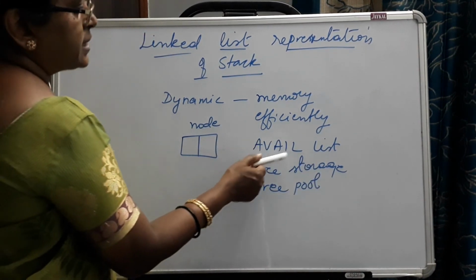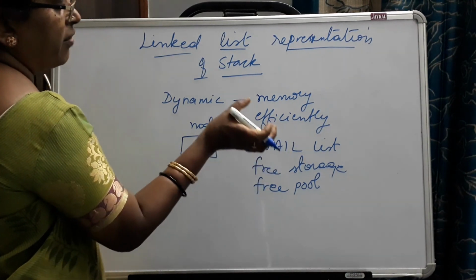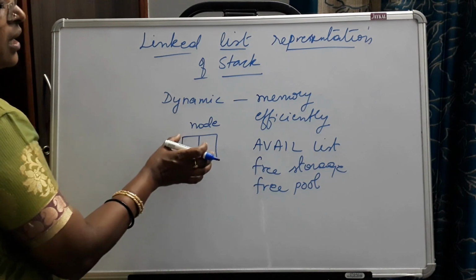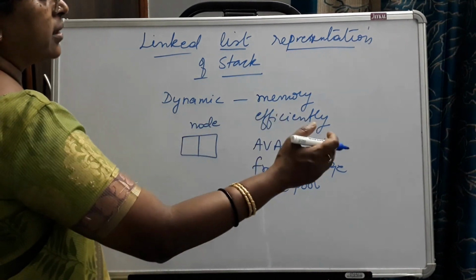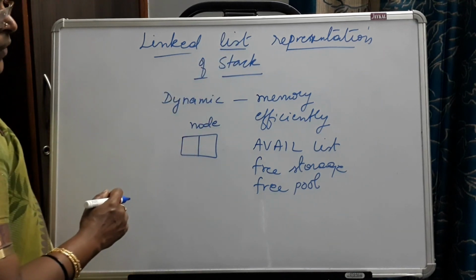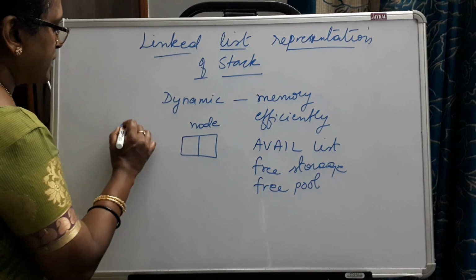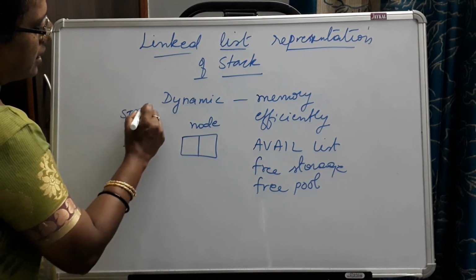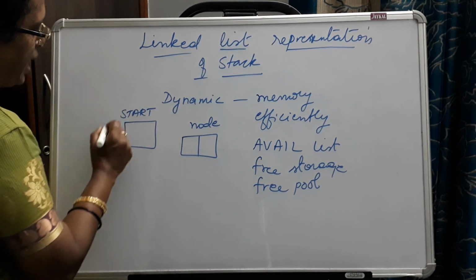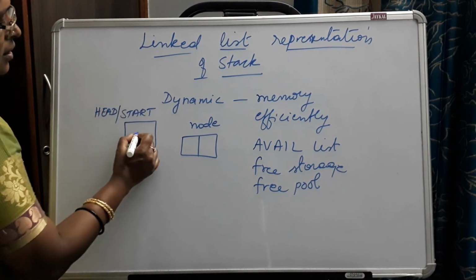From this avail list we access the nodes whenever we have to create a new node in the linked list, and the address of this avail list is stored in the node start or head or start node.